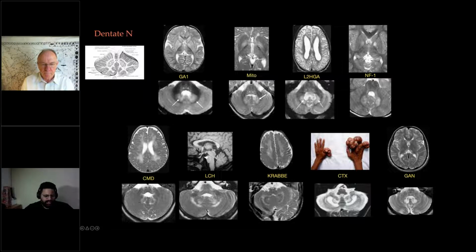The heterogeneous appearance of the dentate can be seen in congenital muscular dystrophy, merosin-negative CMD, LCH, lysosomal disorders such as Krabbe's, CTX, and this is Aigen's case of giant axonal neuropathy. So here are the differentials, at least on an imaging basis. If anyone wants to add anything further, Dr. Mankad or Dr. Lokesh.